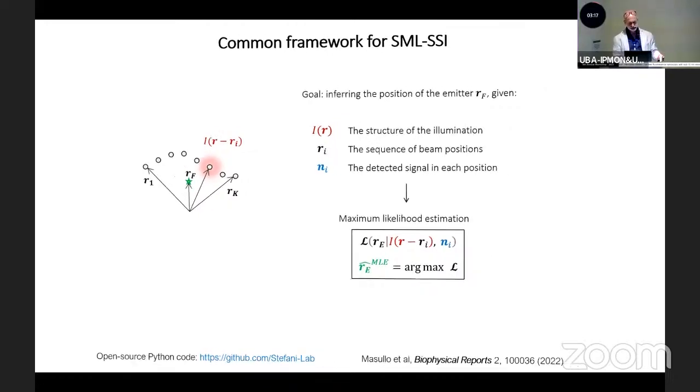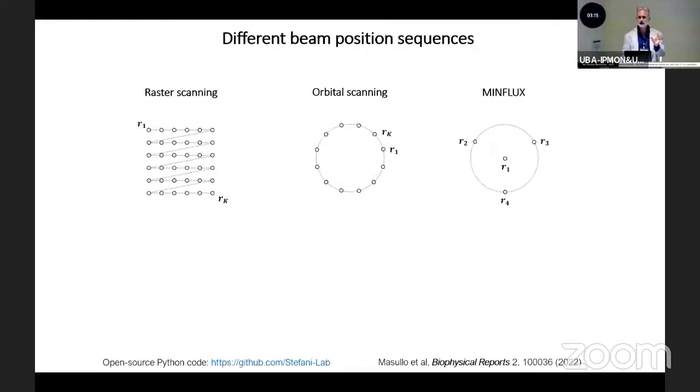Okay, so now with these three ingredients, you can start building up methods. For example, the first thing you need to define is the sequence of positions that you will use in space. So you can use a raster scanning, for example, or you can do an orbital scanning, or you can do this weird MINFLUX scanning, or any other that you can come up with. It doesn't matter.